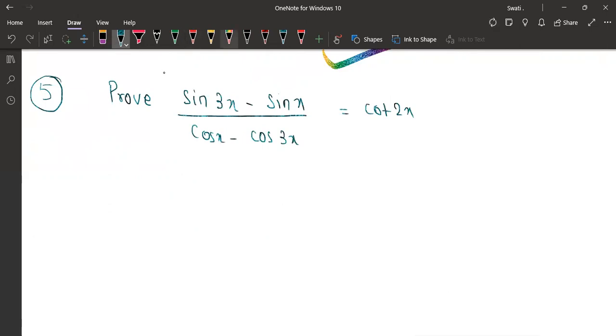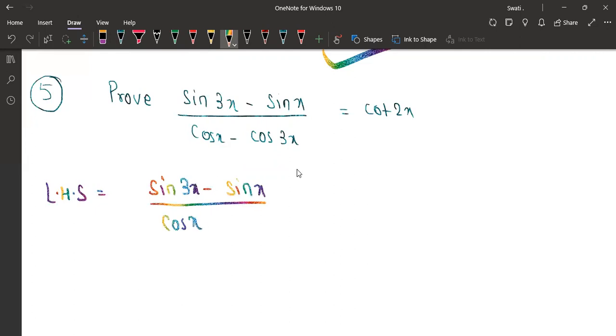So of course we are going to start with the LHS here because it's a proof question. So let's start with the LHS. On the left hand side we have the expression sine 3x minus sine x upon cos x minus cos 3x. Of course, you can notice one thing that in the numerator we are having the formula sine c minus sine d.